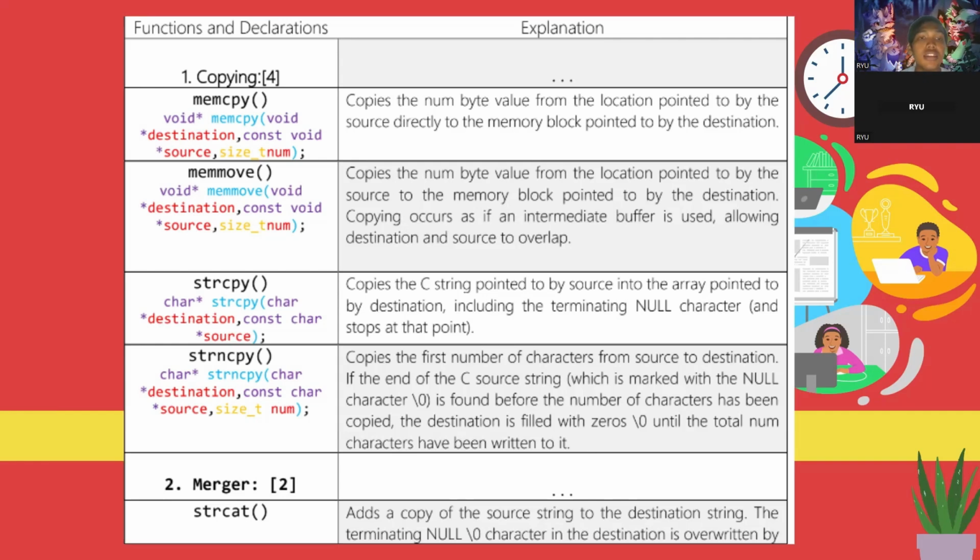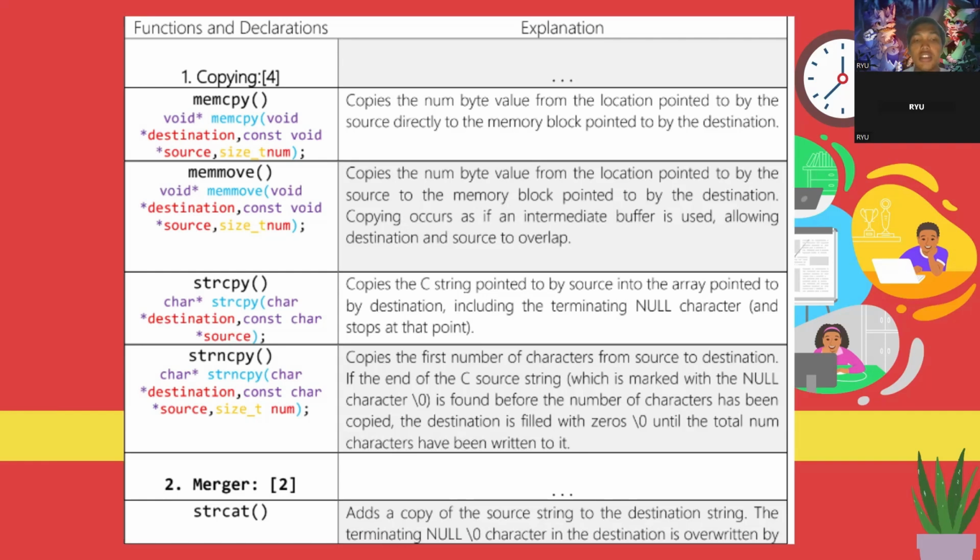And then strncpy copies the first number of characters from the source to the destination. If the end of the C string, which is marked with the null character, is found before the number of characters has been copied, the destination is filled with 0s until the total number of characters has been written to it.